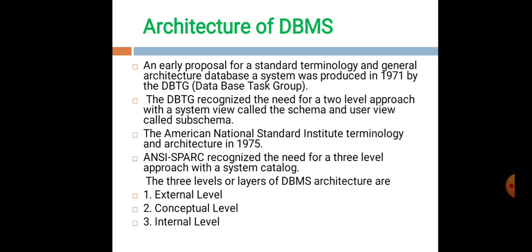The ANSI terminology and architecture in 1975: ANSI SPARC recognized a need for a three-level approach with a system catalog. The three levels of DBMS architecture are external level, conceptual level, and internal level.